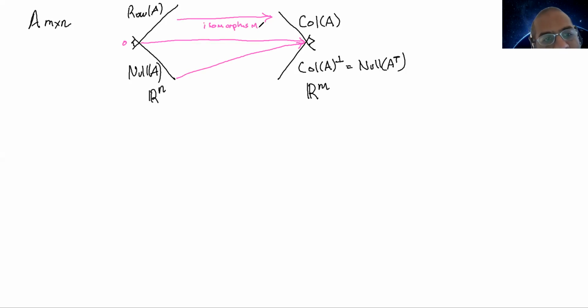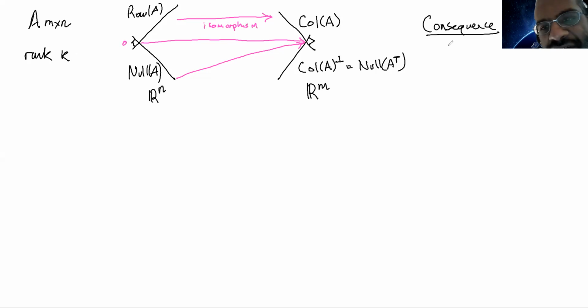By the way, let's suppose the matrix has rank K. One consequence is that if you take any basis for the row space, it's going to get mapped to a basis for the column space. So here's a consequence.